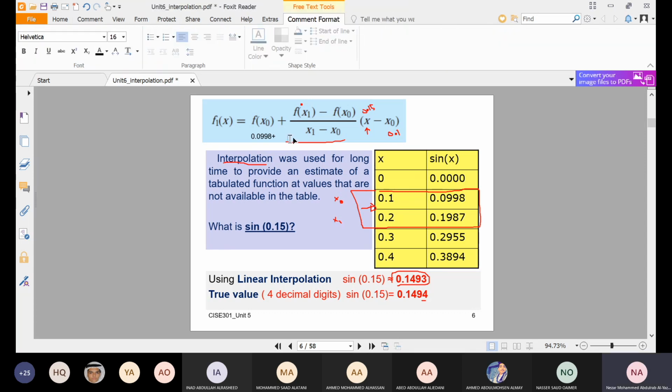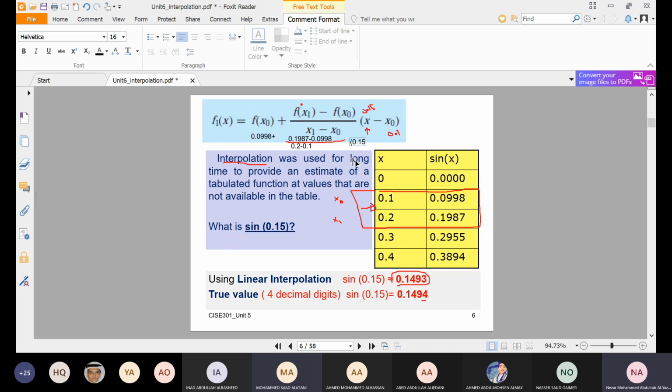You can check it using your calculator, Shabab, if you have. To find the true value?